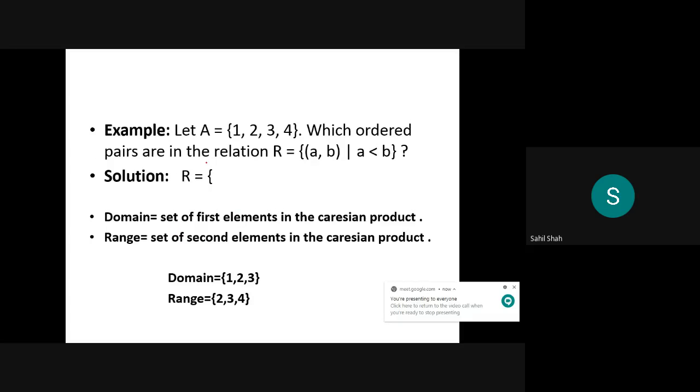So can you tell me quickly what is the solution of this example? Let A be 1, 2, 3, 4. Which ordered pairs are present in the relation R, (a, b) such that a is less than b? Can you tell me quickly what the pairs present here are?